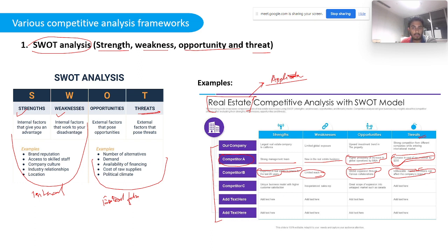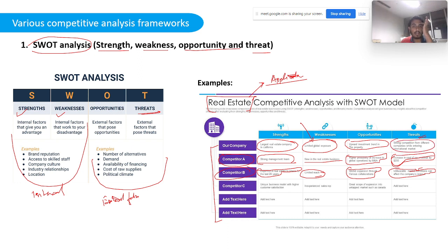So likewise, we compare companies, their products, and then we try to see what you think should be the strength of your company and what should be the weakness. What should be the weakness means what you see as a weakness in your particular product or in your particular company, what you see as an opportunity and what you see as a threat.